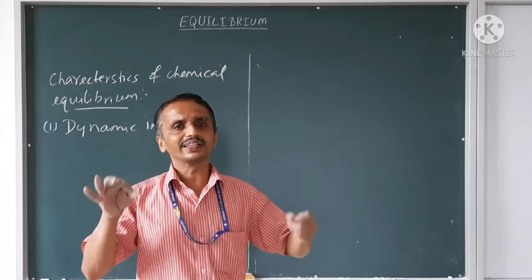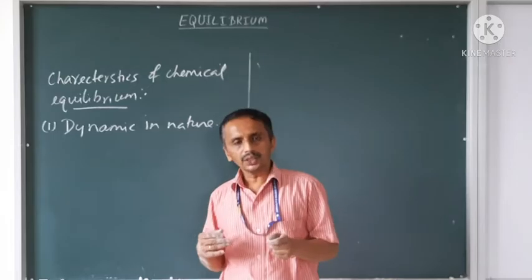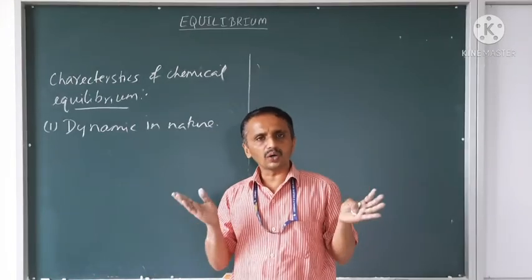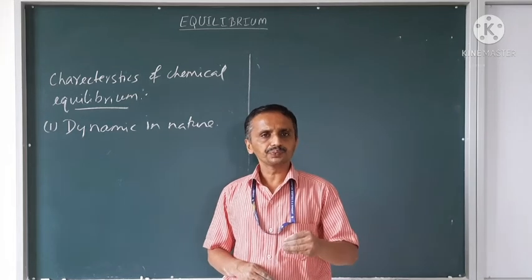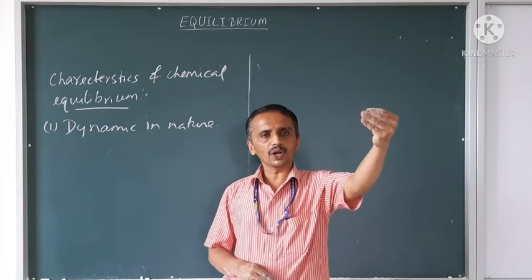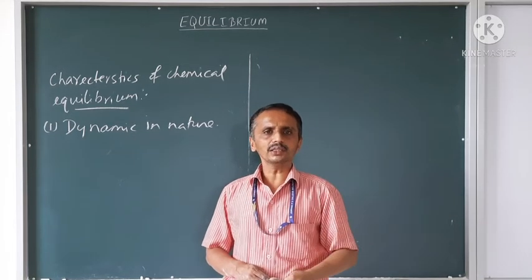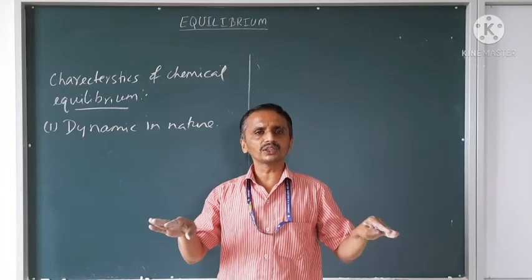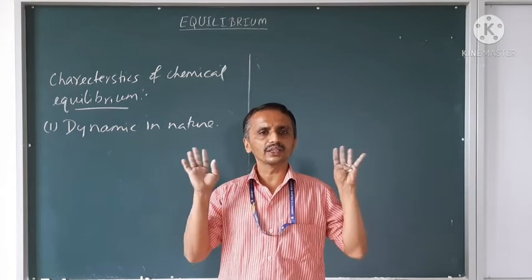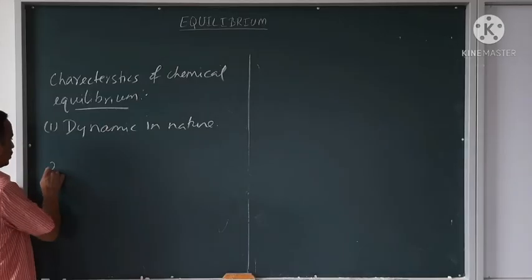That's why we call it dynamic equilibrium. Because the rate of the forward reaction equals the rate of backward reaction, how much is going to the product, that much only is giving back the reactant. So concentration remains constant once the reaction attains the equilibrium.